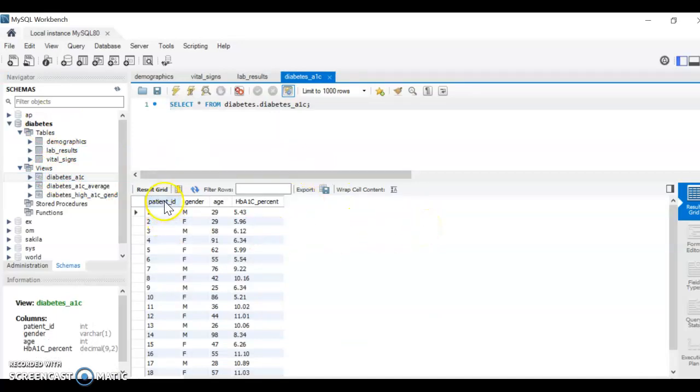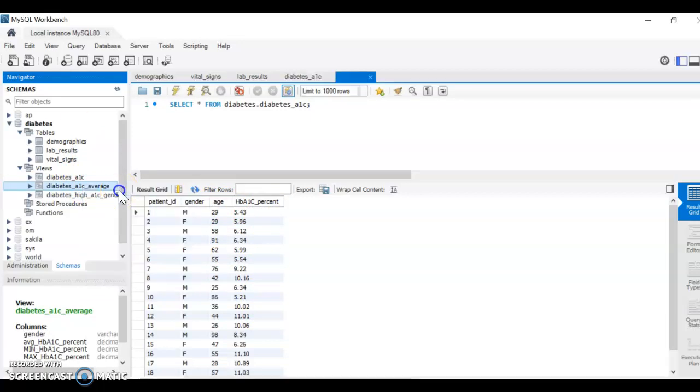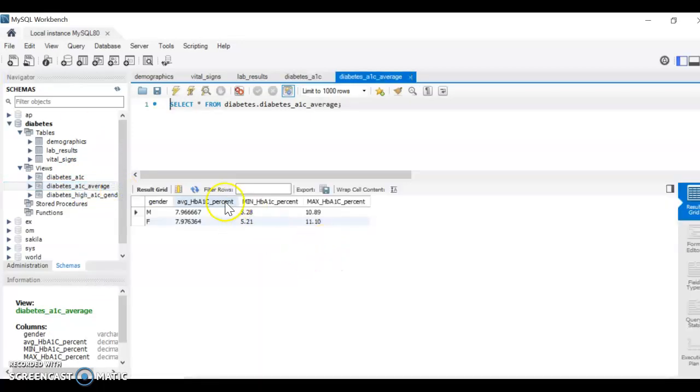We can look at the patient ID, the gender, their age, as well as their A1C percent. We can start to compare A1Cs between males and females. As you can see here, we can calculate the average, min, max per gender for the A1C, and we can also provide a lot more functions of the A1C as well if necessary.